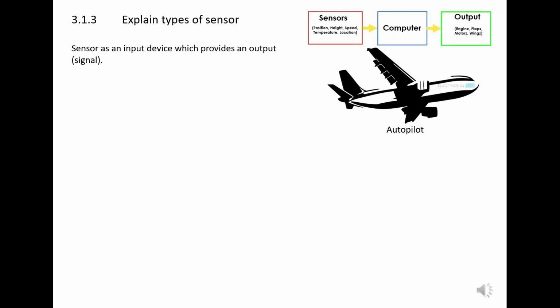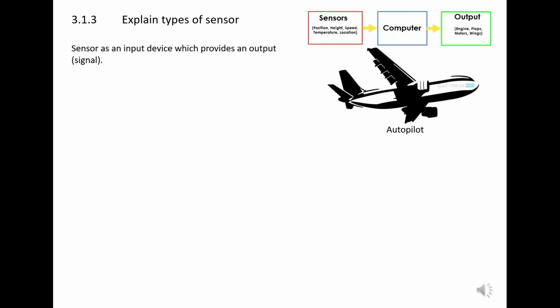Jadi dalam sistem autopilot ni, apakah yang dikawal sebenarnya? Sebagai contoh, dalam kendalian kapal terbang, apa yang dikawal? Jadi kalau kita tengok gambar yang saya tunjukkan ini, yang dikawal adalah enjin, motor, flaps dan sayap wings.